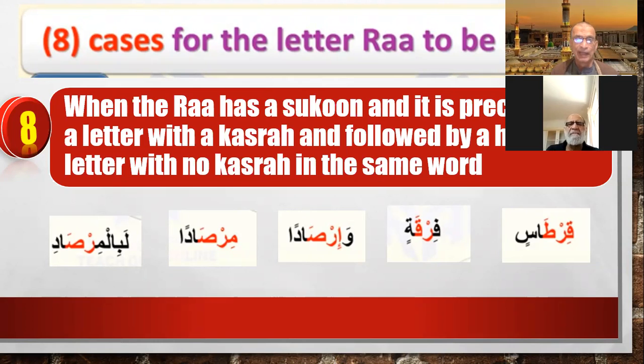وإرصاد، مرصاد، لبالمرصاد. These 5 words in all the Quran are about when the ra has sukun and is preceded by a letter with kasra and followed by a heavy letter with no kasra in the same word, it must be in the same word.